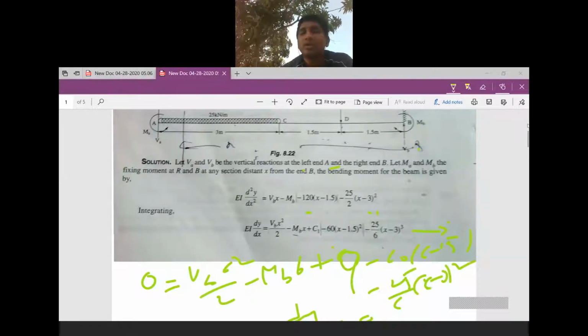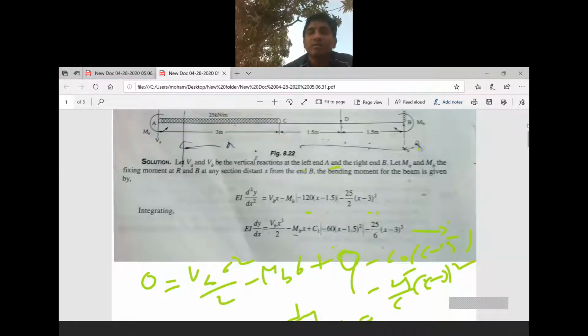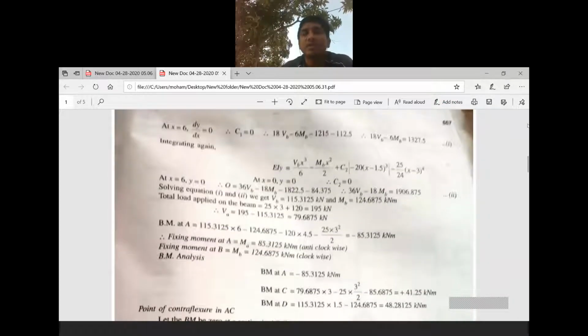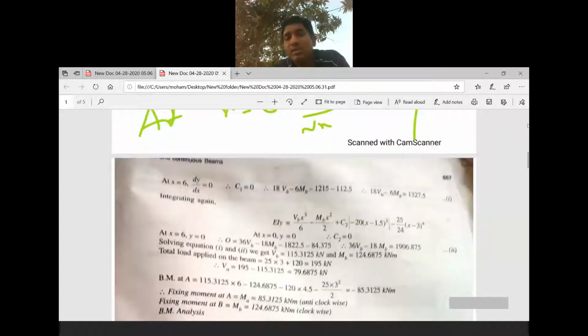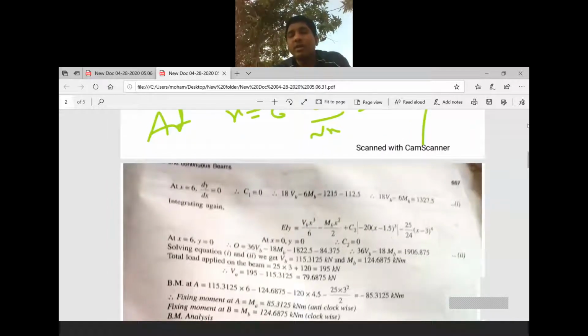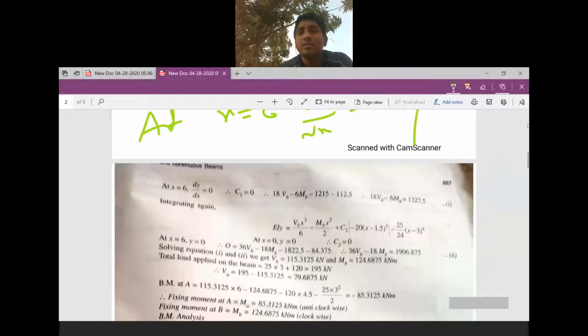When you substitute it and simplify it, you will get this equation, 18 Vb minus 6 Mb minus 1215 is equal to 112.5. Then 18 Vb minus 6 Mb is equal to 1327.5. Up to here it is clear.